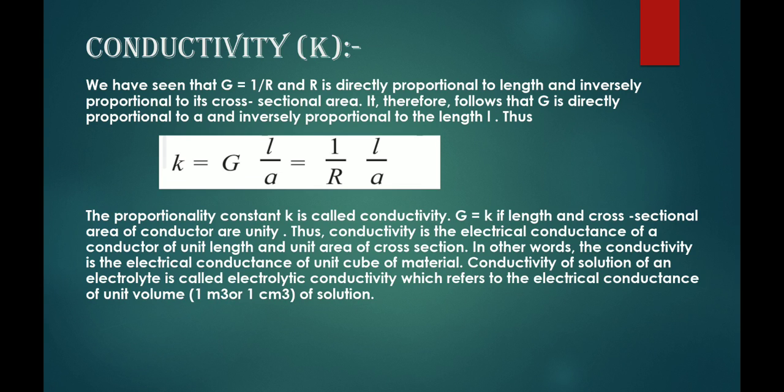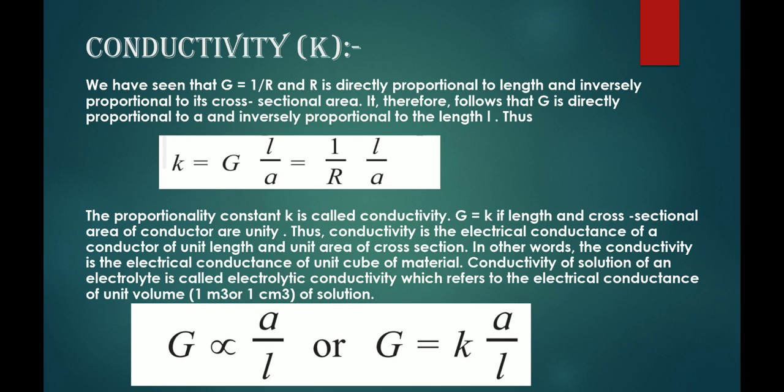Conductivity of a solution of an electrolyte is called electrolytic conductivity, which refers to the electrical conductance of unit volume. See this, G is directly proportional to cross-sectional area A and inversely proportional to length L. Otherwise, G is equal to K into A by L, where K is conductivity.